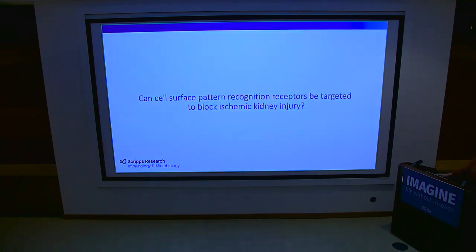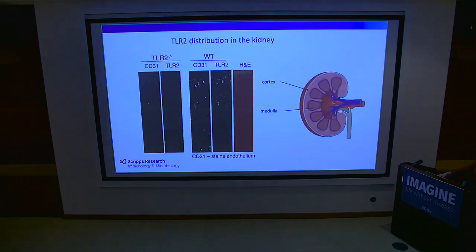So we started first looking at cell surface pattern recognition receptors to see if maybe they would be a reasonable target to block. We started looking at TLR2, and we found there was an interesting distribution of TLR2. You can see it right here, and it was localized to the cortex and the outer stripe of the medulla, which is really the very areas of the kidney that are most susceptible to ischemia.